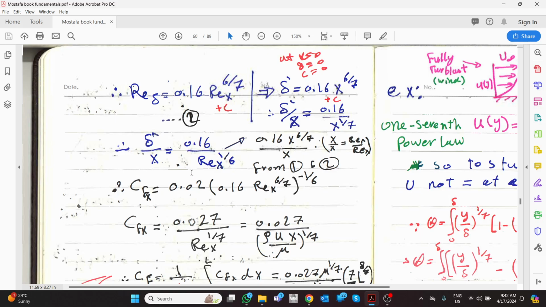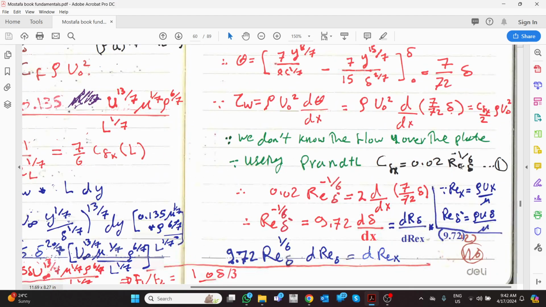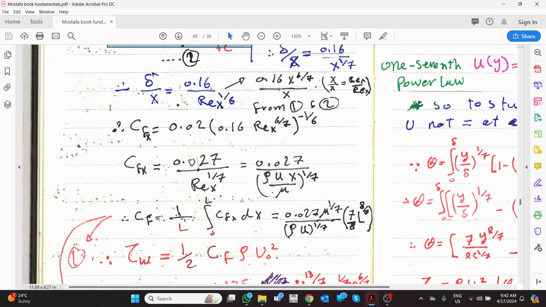Very simple, by the way. Even this manipulation is not going to affect defining the effects, by the way, it's just a way to write it in terms of Reynolds number of x. So Reynolds number of delta and x, put it here, voila, you will have CFX in relation with Reynolds number of x.